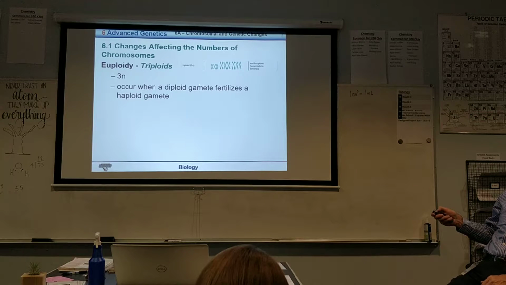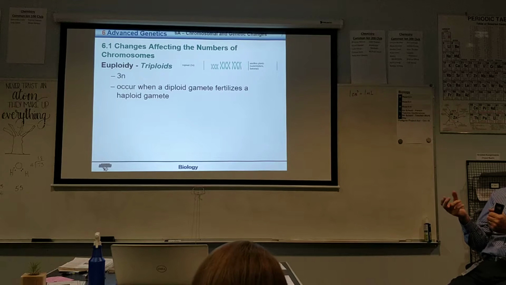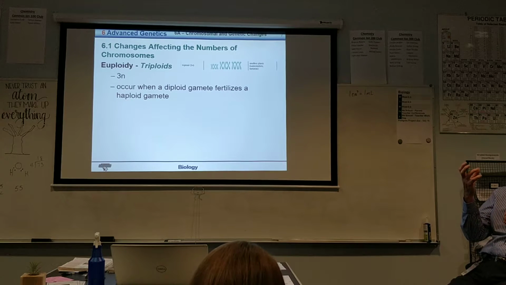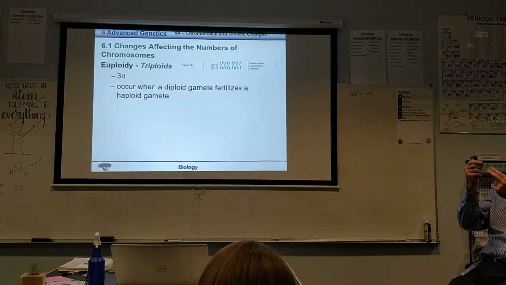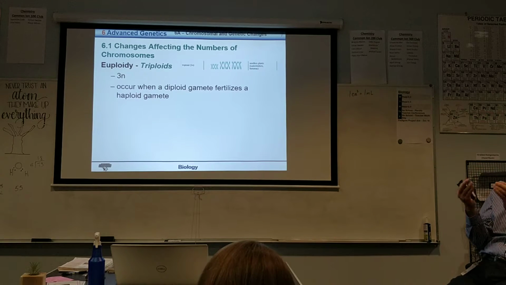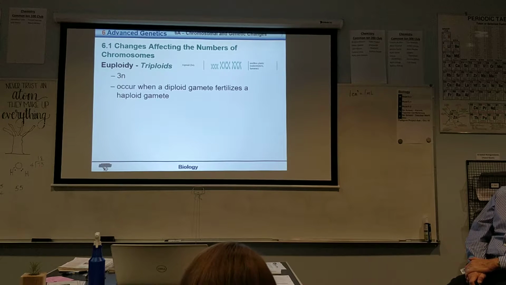If that diploid gamete fertilizes a gamete or an egg that is N, haploid, now I'll have 2N plus N, and now I'll have 3N. So that's how that happened. And so like seedless watermelon and bananas and things like that, that's how that happened.